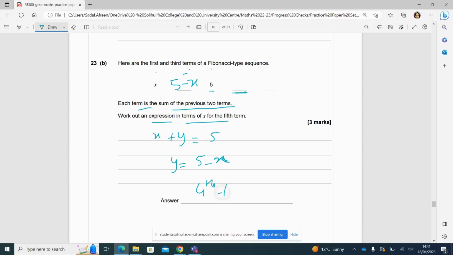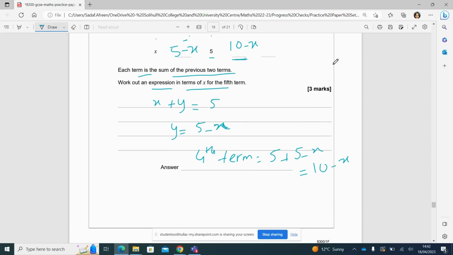So the fourth term of the sequence will be 5 plus 5 minus x, which gives you 5 plus 5 is 10, so that will be 10 minus x. So that's the value for the fourth term, which is 10 minus x.